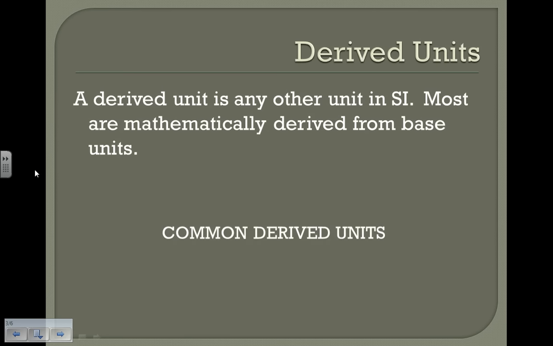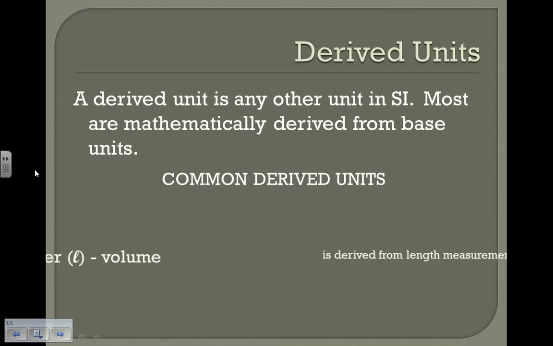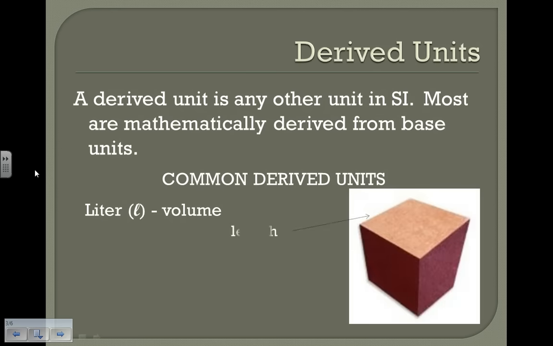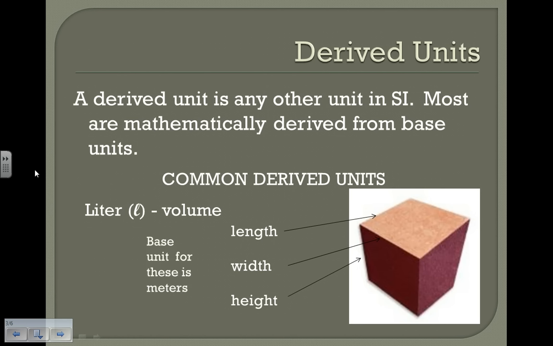And so what makes a derived unit derived? Well, if we think about one of the most common derived units, the liter. The liter is actually a measure of volume. So if we look at how we determine the volume of something, here's a cube. A cube has a length and a width and a height, and we can measure those in the unit of length. The base unit for length is meters.